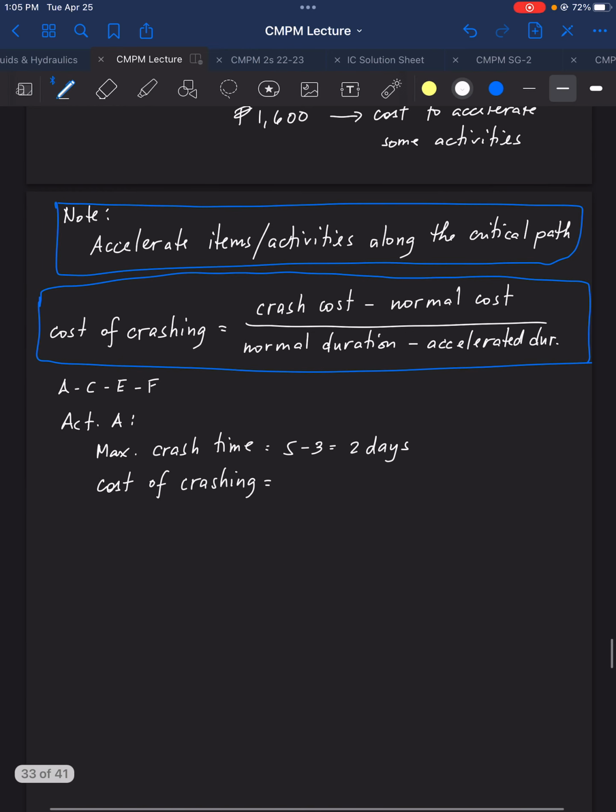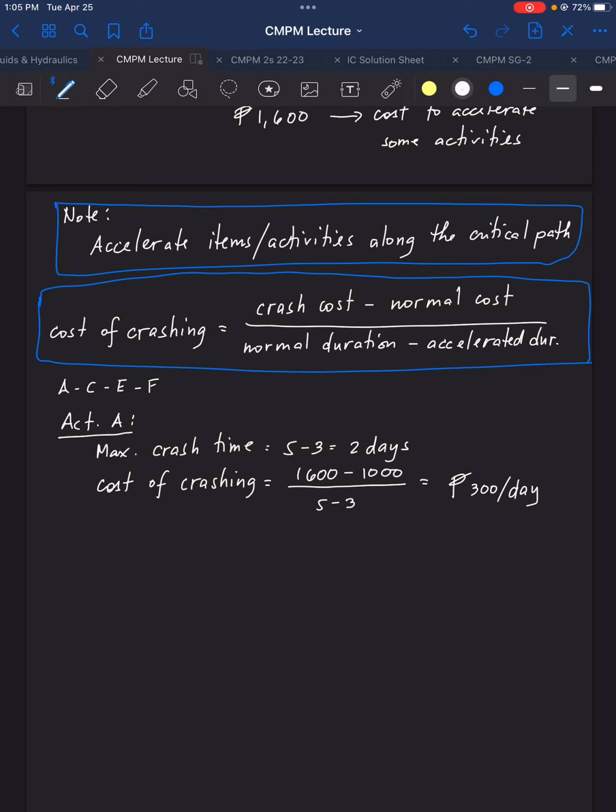So that is 1,600 minus 1,000 divided by 5 minus 3, which is equal to 300 pesos per day for activity A.